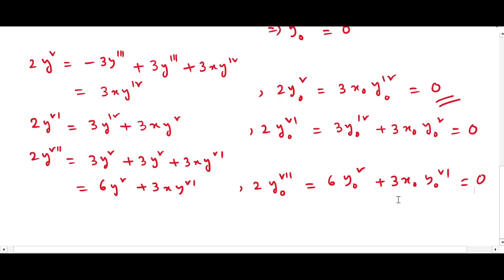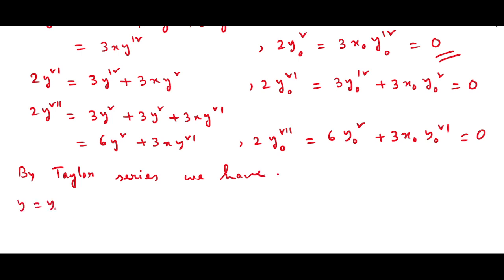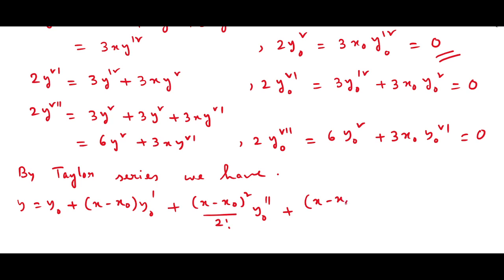So now let us put all these values in the Taylor series. By Taylor series we have y equals y naught plus x minus x naught y naught dash plus x minus x naught whole square by 2 factorial y naught double dash plus x minus x naught whole cube by 3 factorial y naught triple dash.